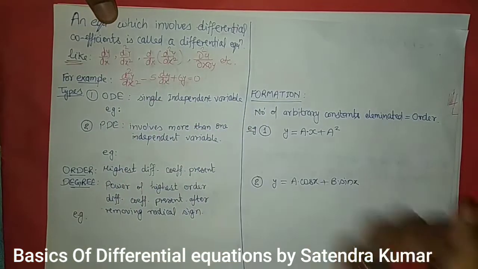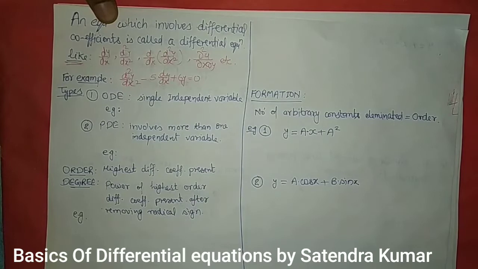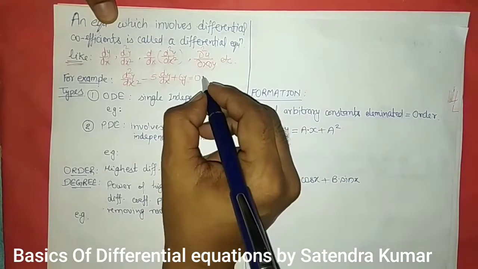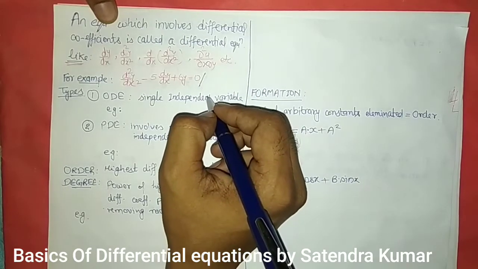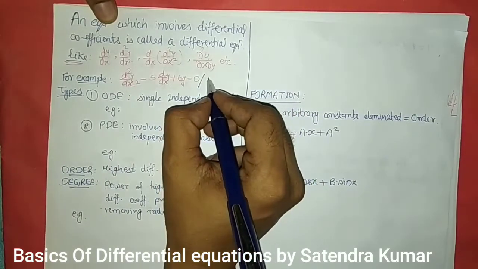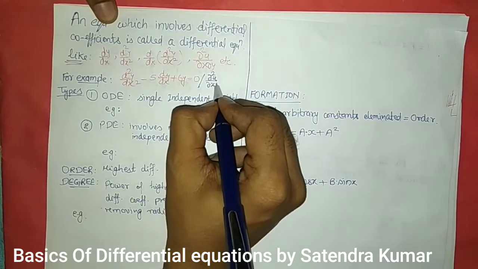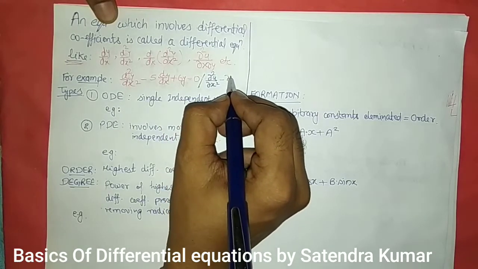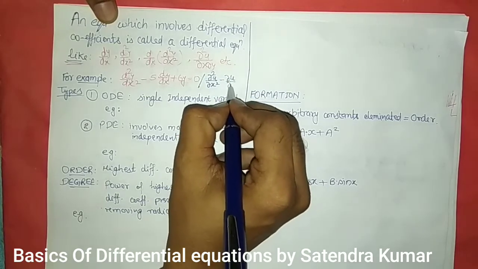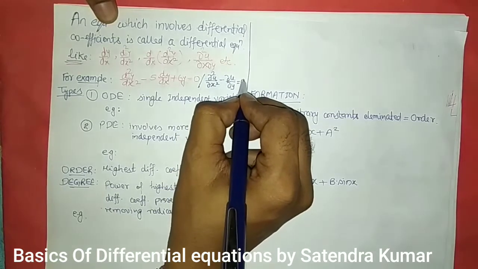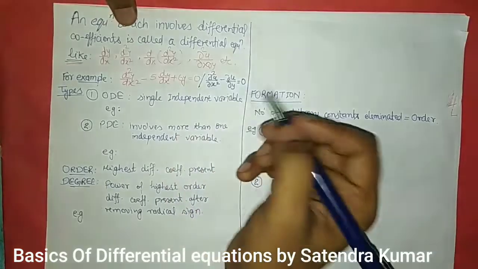This is a simple differential equation, this is the ordinary differential equation. And if we talk about partial differential equation, then it will be like del 2u upon del x2 minus del u upon del y is equal to 0, something like that.